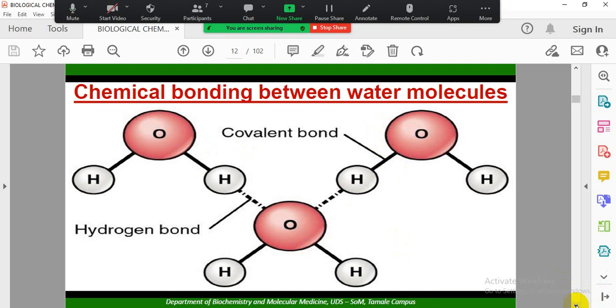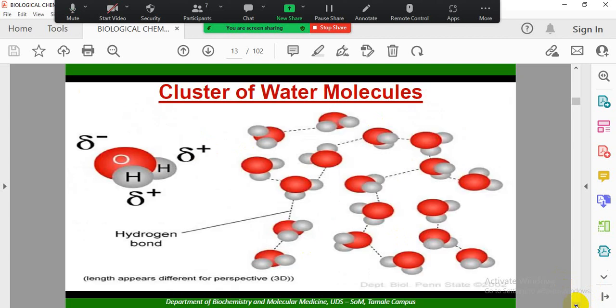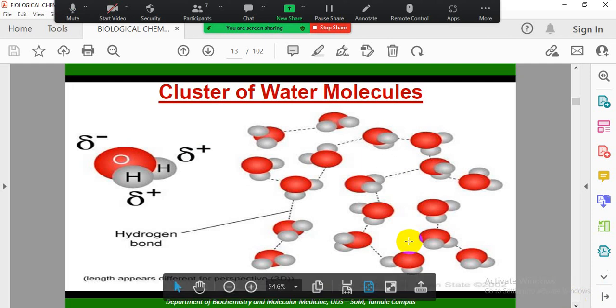Okay. So, cluster of water molecules. When the water molecules come together, they form hydrogen bonds, several of them. But the bond within one water molecule alone is covalent, eh? If there is a bond between more than one water molecule, then we have hydrogen bonds.